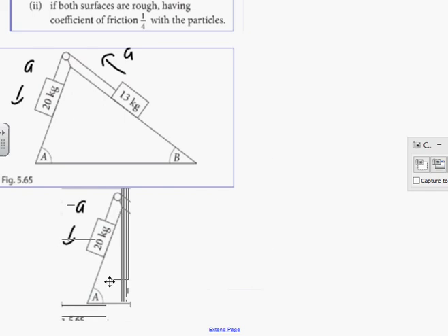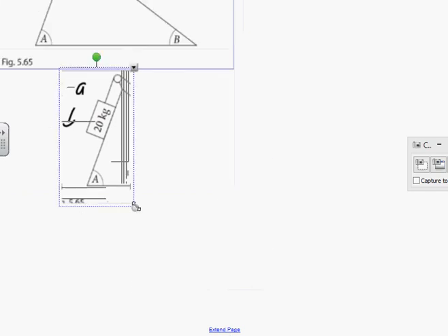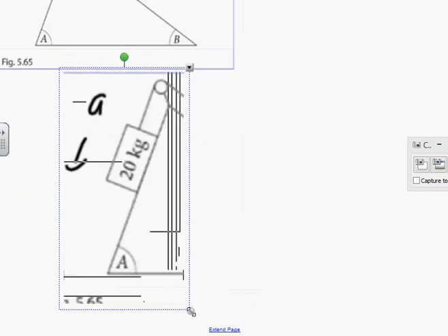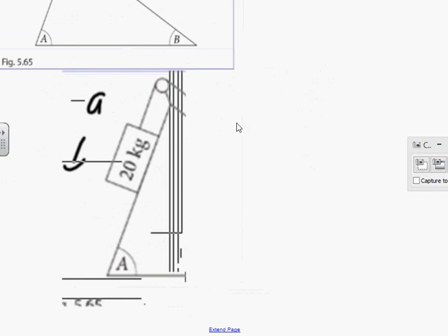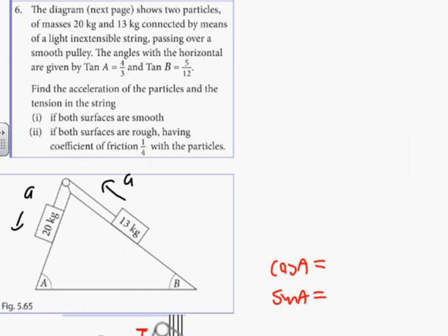Now there we go. There is the 20 kilogram particle. Make it a bit more like that. Okay, so we're noticing that tension going upwards. Currently no friction, because it says it's smooth. What you're then going to do is find out what cos A and sin A are. Anybody have any idea what cos A and sin A are, given that tan A is 4/3?